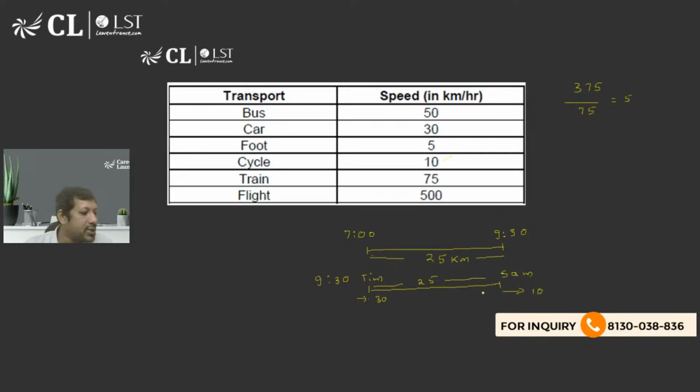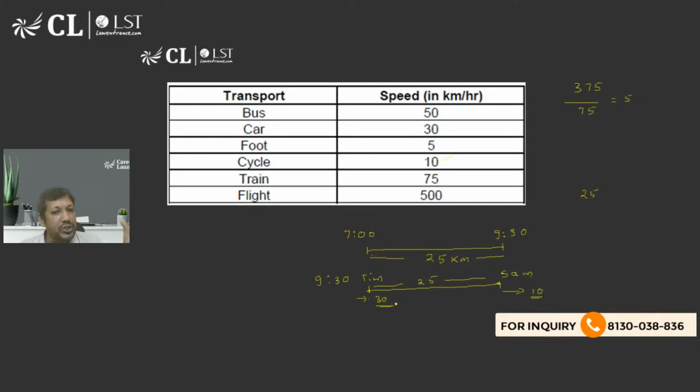Now I am going to use the concept of relative speed. What is the concept? At this point of time, what is the distance between both of them? That is 25. Now Sam is traveling 10 kilometers per hour. Tim is traveling 30 kilometers per hour.